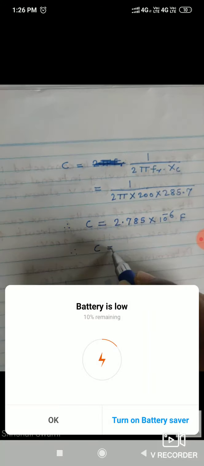So from this we will get the value of C is equal to किती आले? That 10 raised to minus 6 means what? Microfarad, बरोबर आहे. Okay, this is the farad. If you want to convert into micro, so C is equal to 2.785 microfarad. So this is the answer of capacitor C.